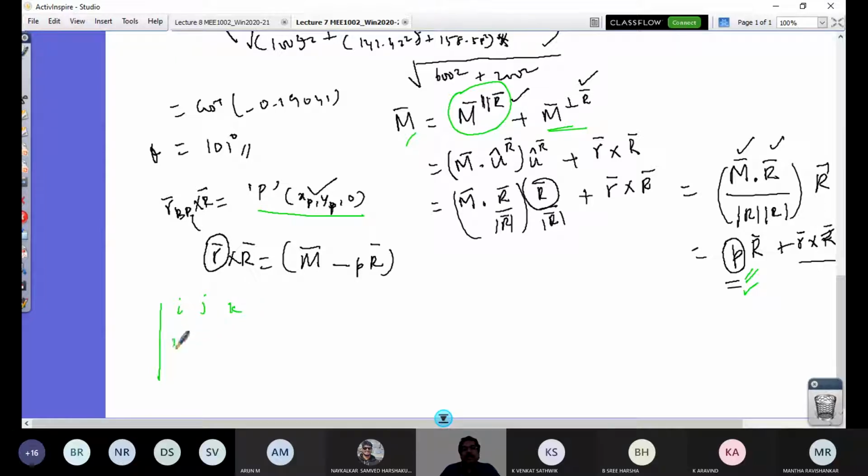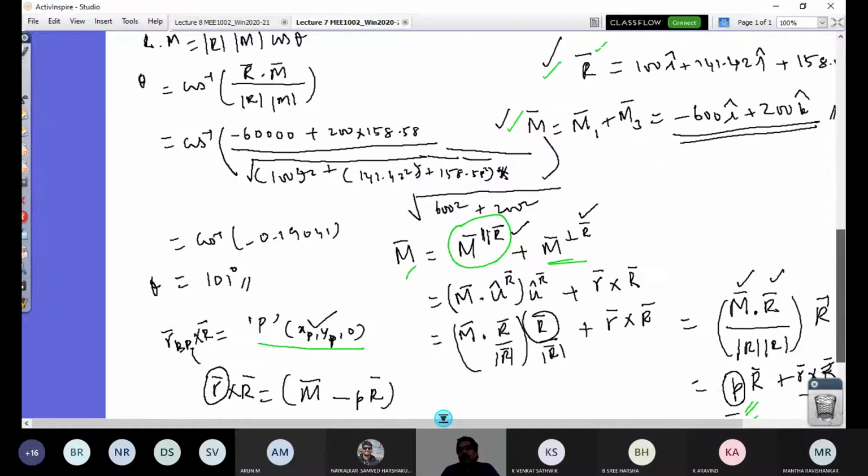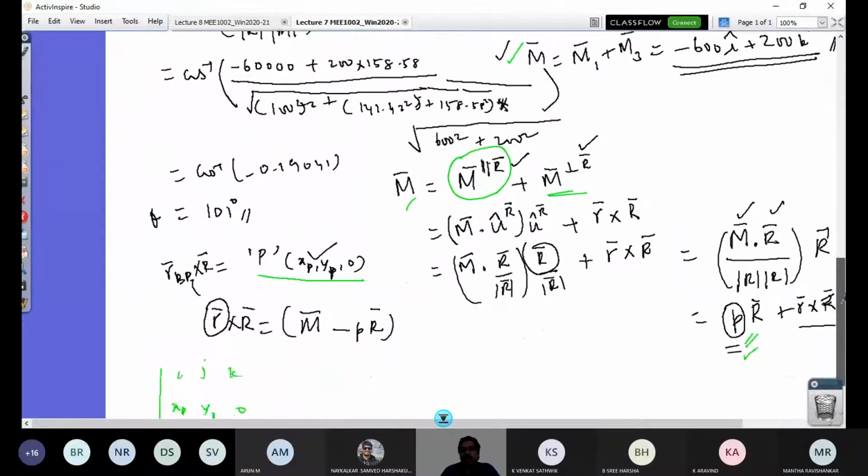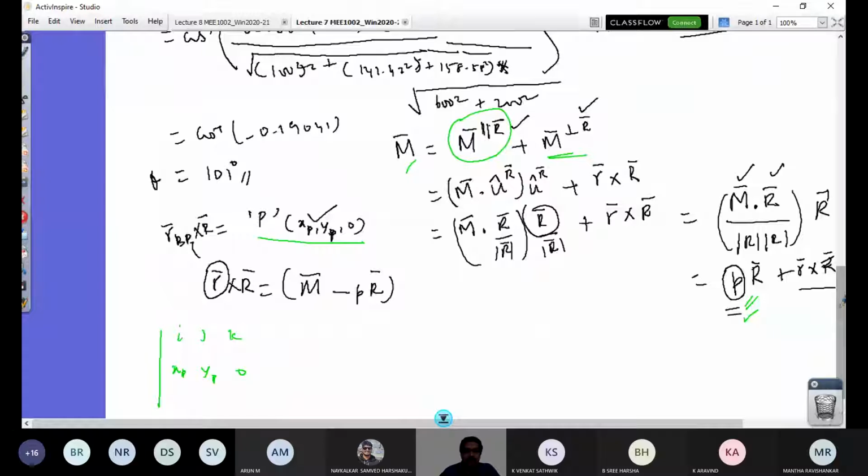This is going to be xp, yp, 0, and the R vector is what I have got already in this problem, which is 100, 141.42, 158.58. So this determinant would have two unknowns, xp and yp.